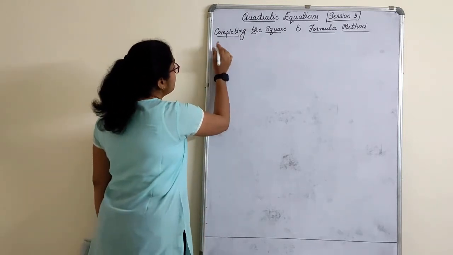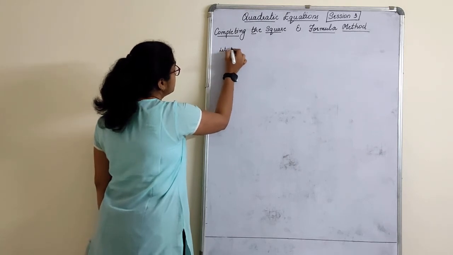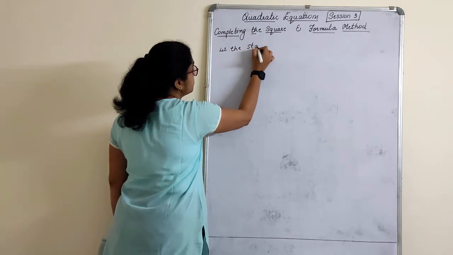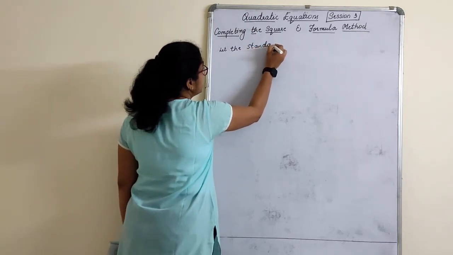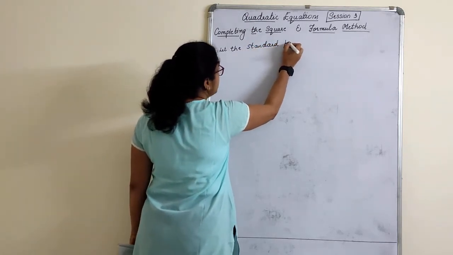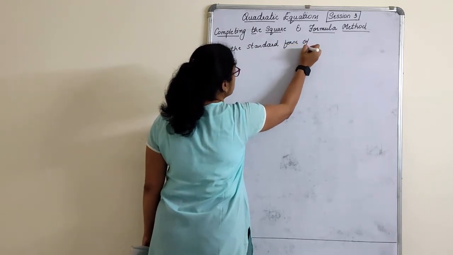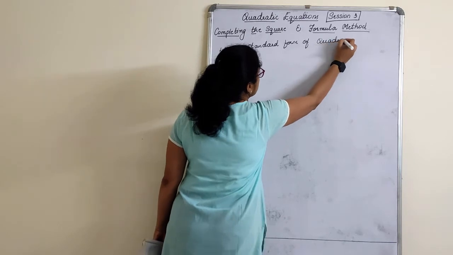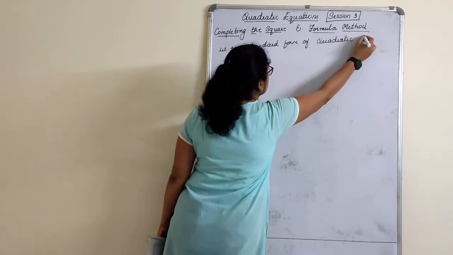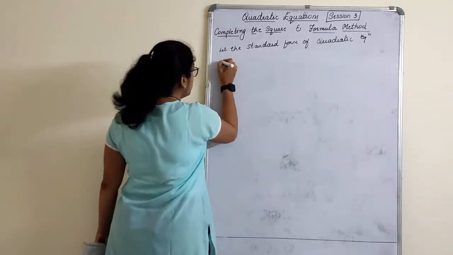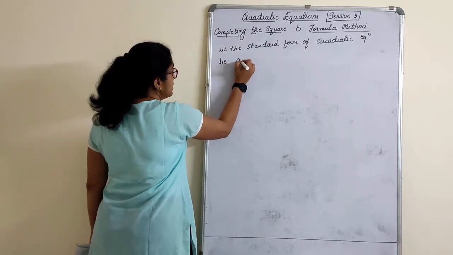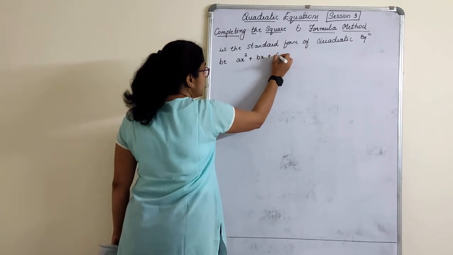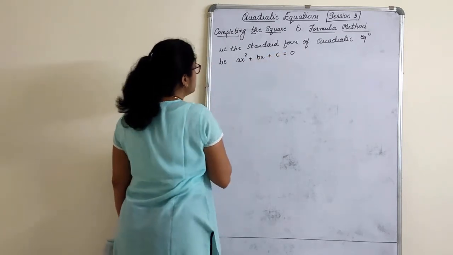Let the standard form of a quadratic equation be ax square plus bx plus c is equal to 0.